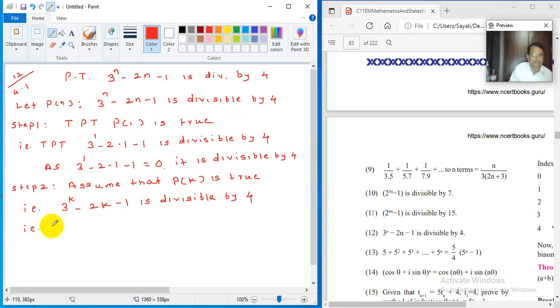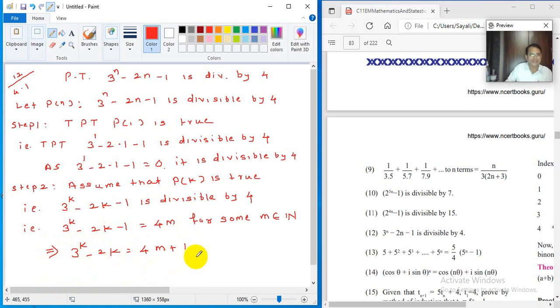That is 3 raised to k minus 2k minus 1 is equal to 4 into m, right? For some m belonging to natural number set. But when you say this, what does that imply? It implies what? 3 raised to k minus 2k is equal to 4m plus 1.